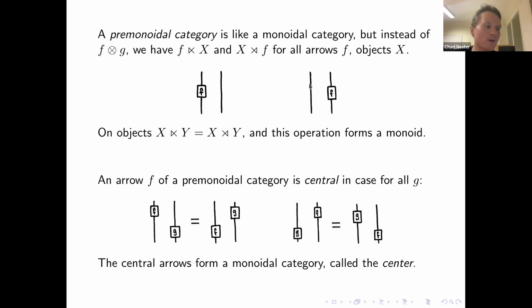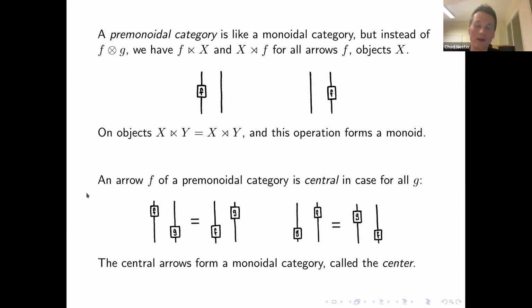And also I have X R times F, which I think of as this string diagram. So I can put an identity on the right of F, and I can put an identity on the left of F somehow. And on objects, we ask that these two operations are the same operation and that operation is a monoid. So it's a bit like a monoidal category, but it's not quite as nice on the arrows.